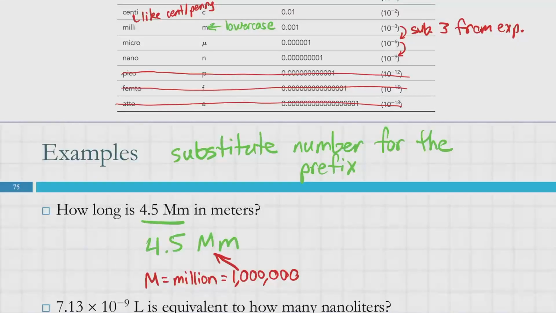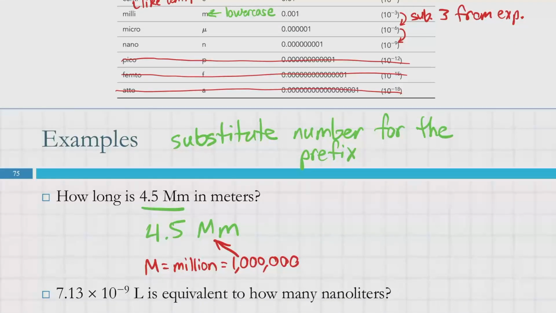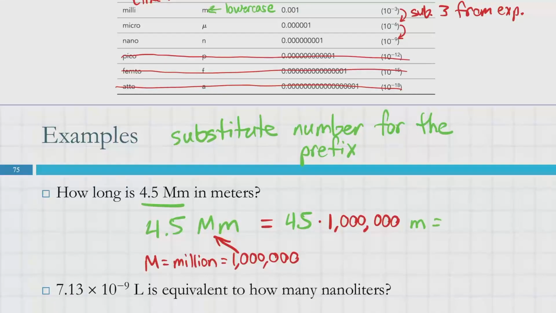So we're going to plug in 1 million in the place of that mega. So 4.5, we plug in the million. And that's now in meters because we got rid of the mega. So it would be 4,500,000 meters.